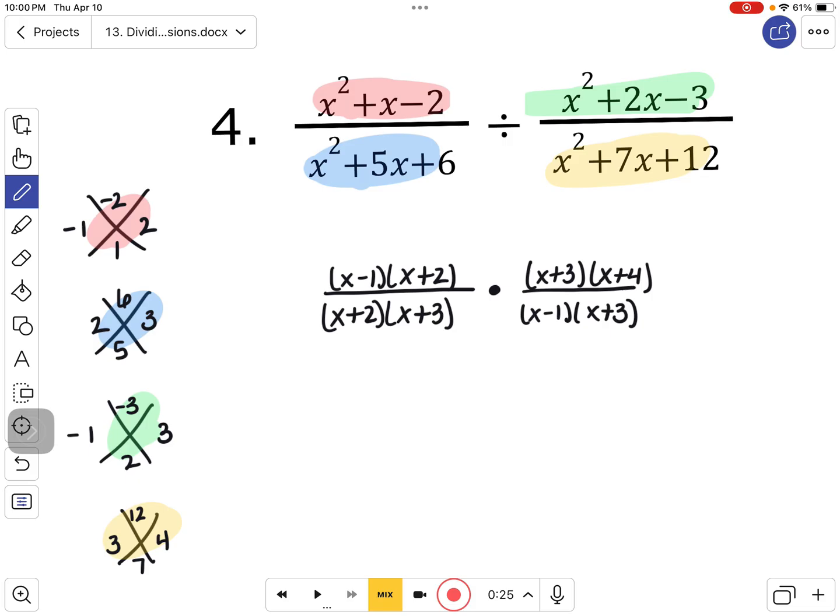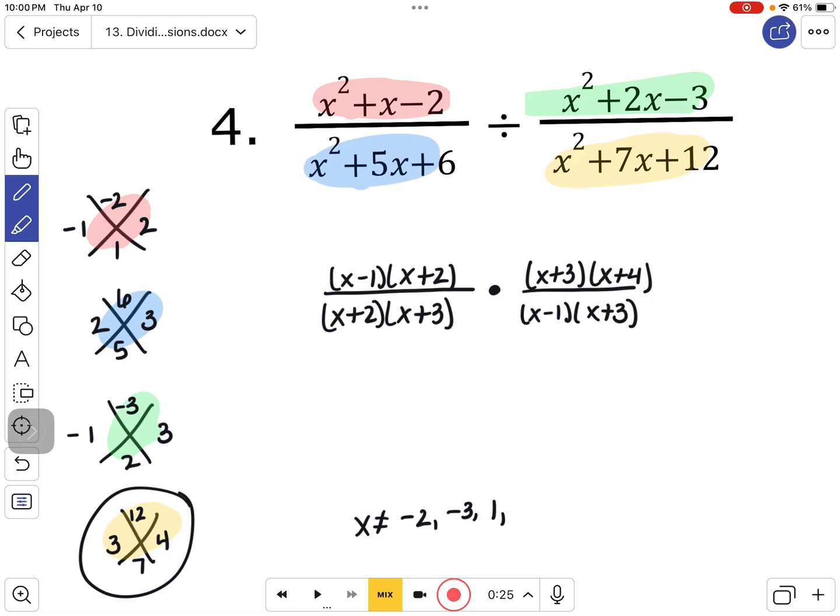Okay, I'm going to state my undefineds are all x's, so I'm going to say x cannot equal -2, -3, 1. And I already got that -3, so I don't have to worry about that. So now I'm going back to, my yellow was on the bottom, so I'm looking at these ones, which really would be the x plus 3 and x plus 4.